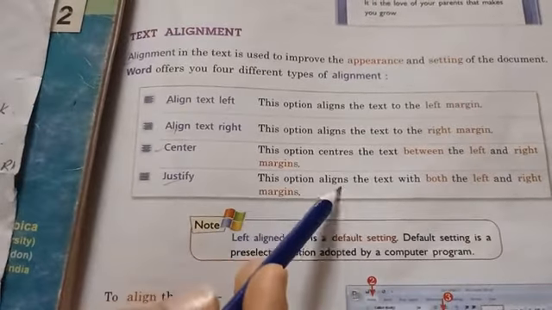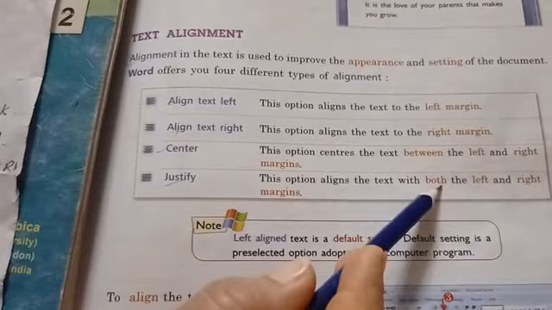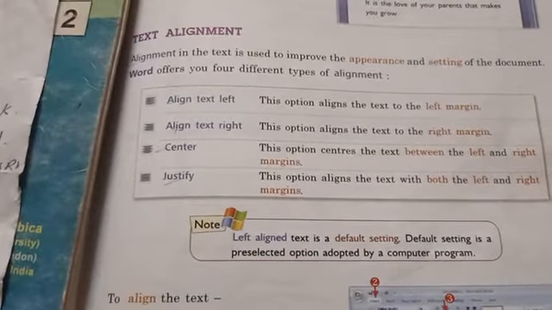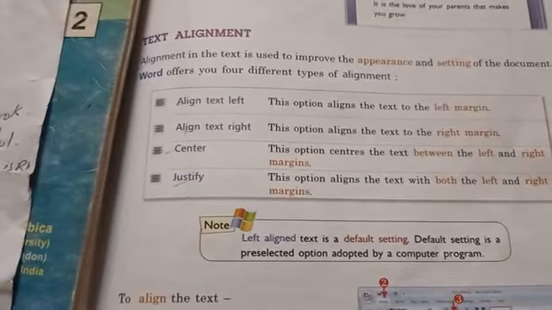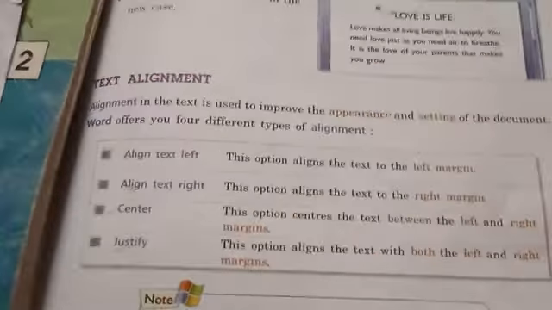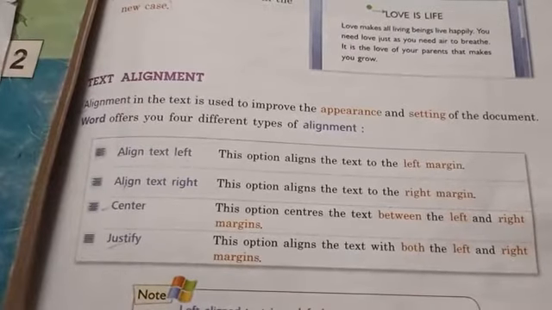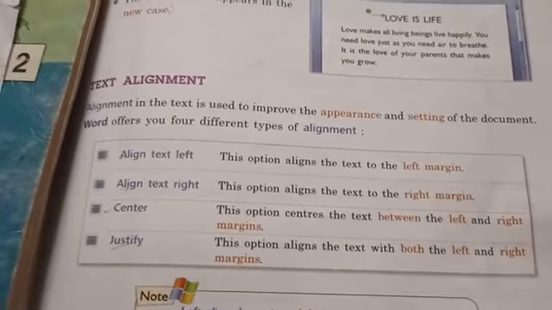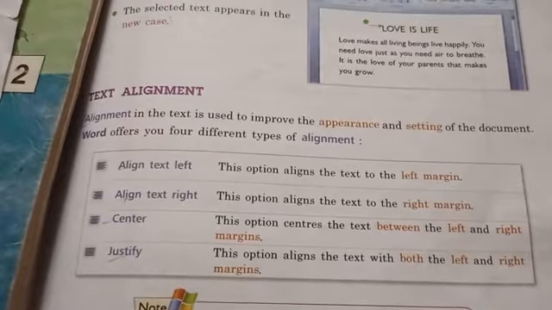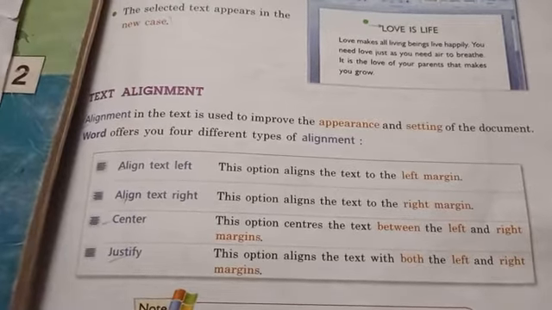Justify means no left, no right, your text will be on both sides. The option aligns the text with both the left and right margins. Means as usual, as you are writing, your cursor is moving forward. When you are typing, continue like that. No left, no right, no center, as usual.